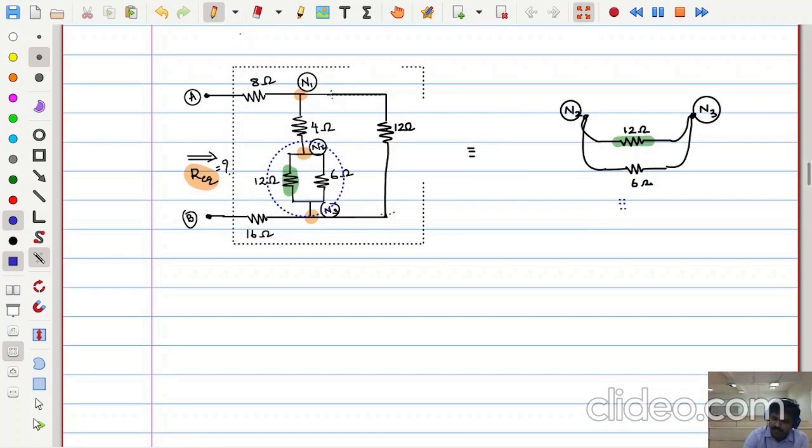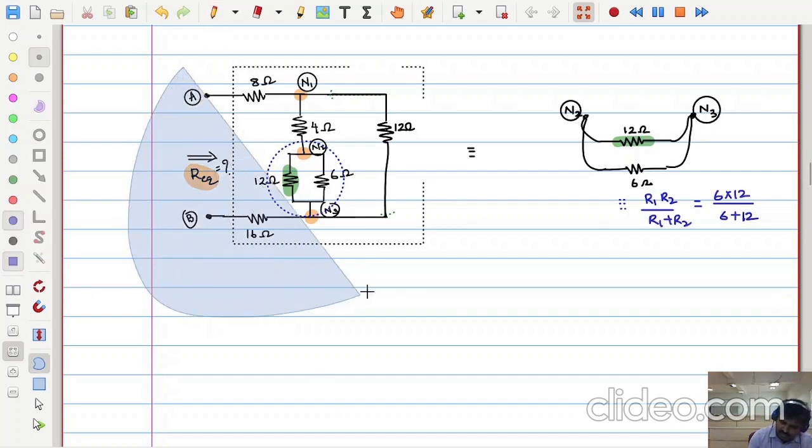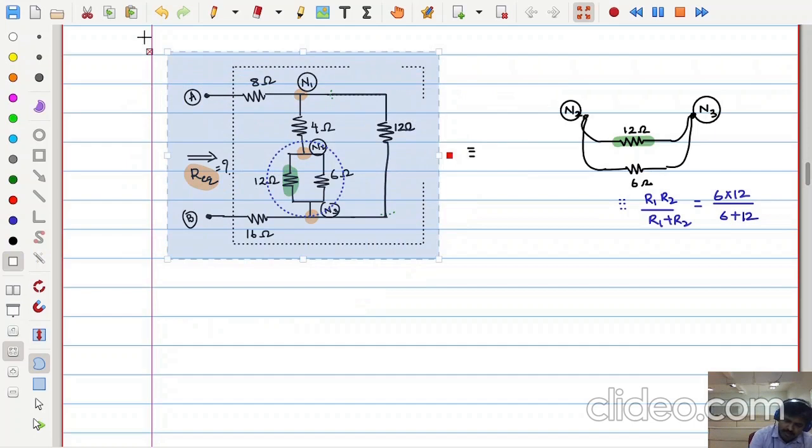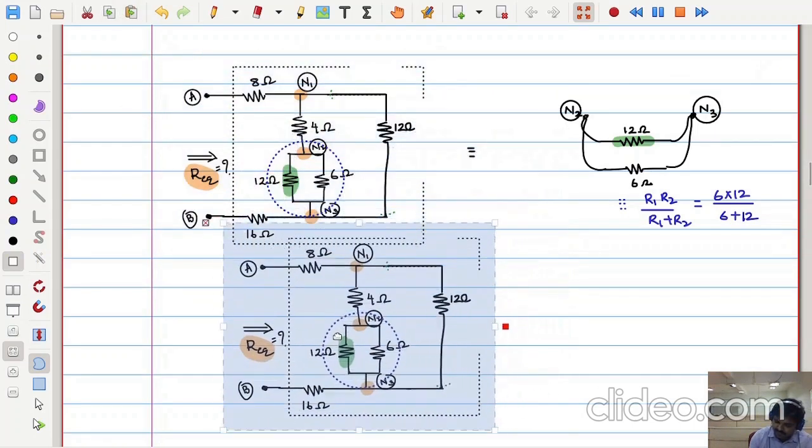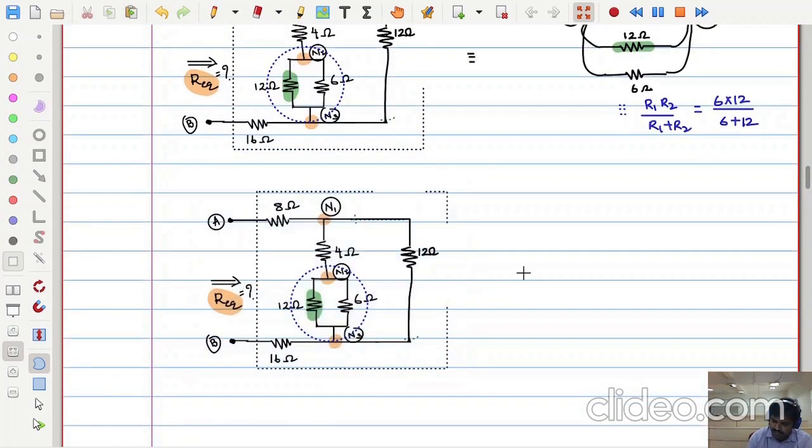If two elements are in parallel, we already told you previously: 12 into 6 by 12 plus 6, sir. Exactly. So with this formulation, 6 into 12 divided by 12 plus 6, how much is this value? 4 ohm, sir. So I'll take one more step of this circuit and I will put it in the next step.